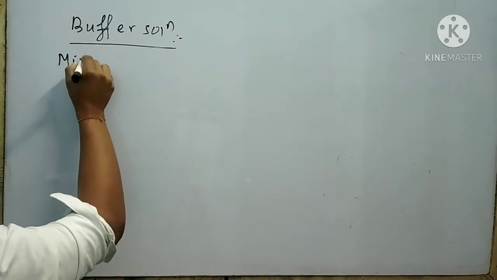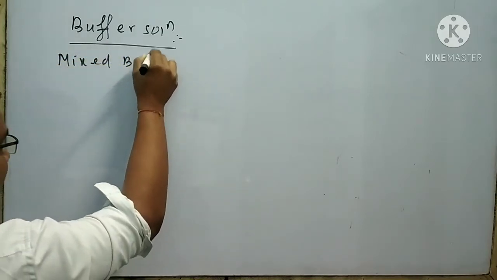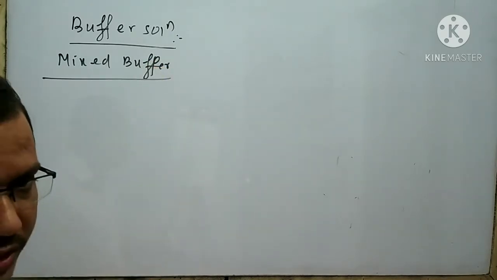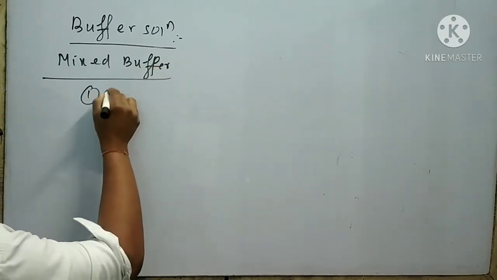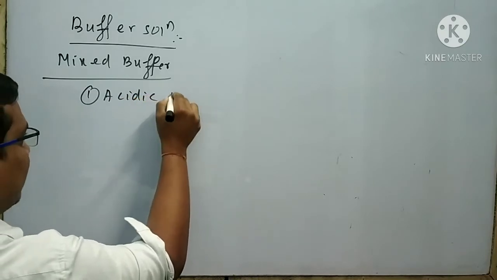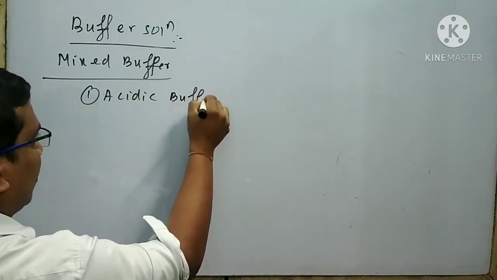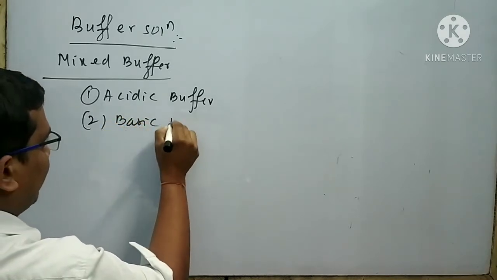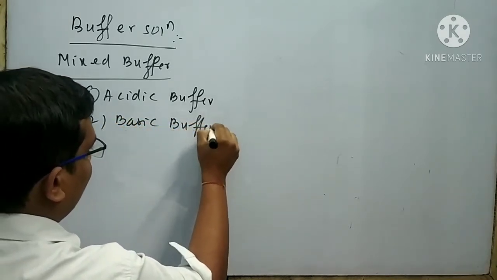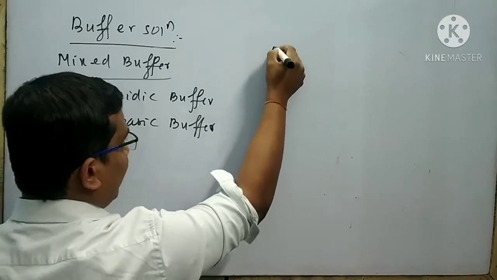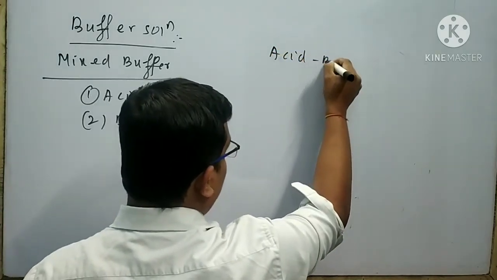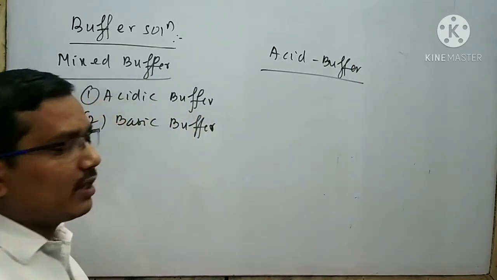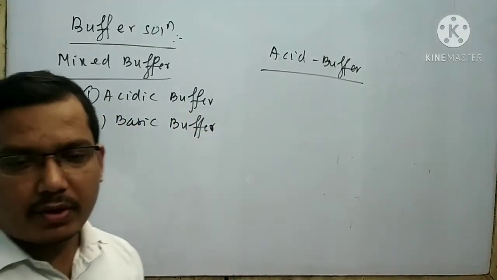Next I want to explain about the mixed buffer. Mixed buffer is of two types. One is your acidic buffer, another is your basic buffer. At first I want to discuss acidic buffer. What is acidic buffer? What are the examples of acidic buffer?